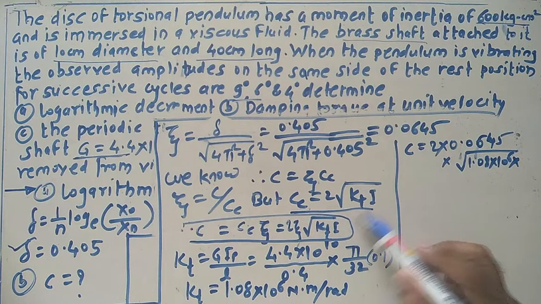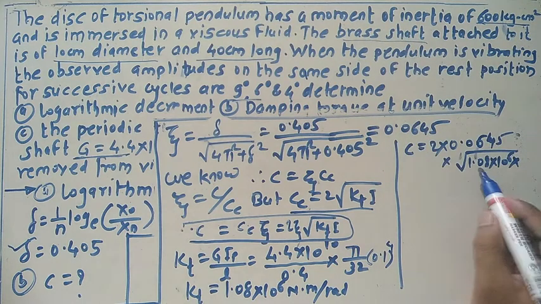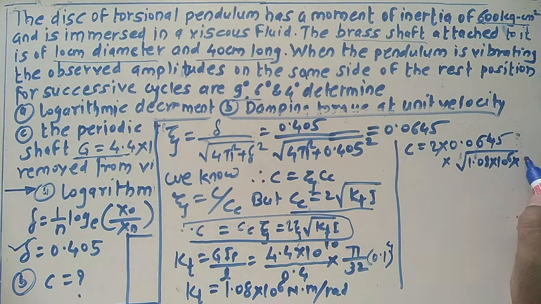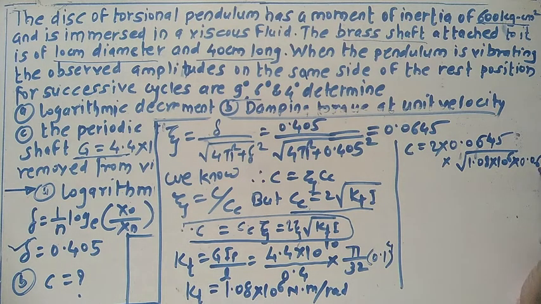The moment of inertia is given as 600 kilogram centimeter square; converting into kilogram meter square, multiply by 10 raised to minus 4, and we get 0.06.